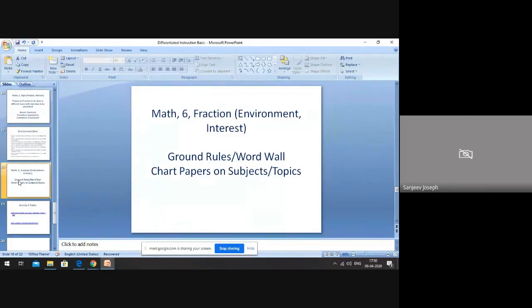And that environment is what we call an environment of trust and respect for each other. That is the basic of what I am trying to give you, dear teachers.